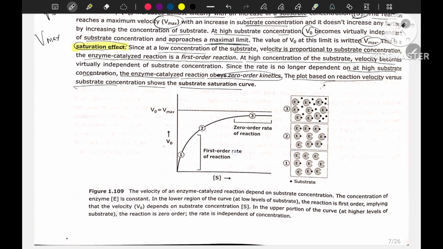So what it is saying is this portion is V0, all the velocity showing here, and this is the substrate portion.